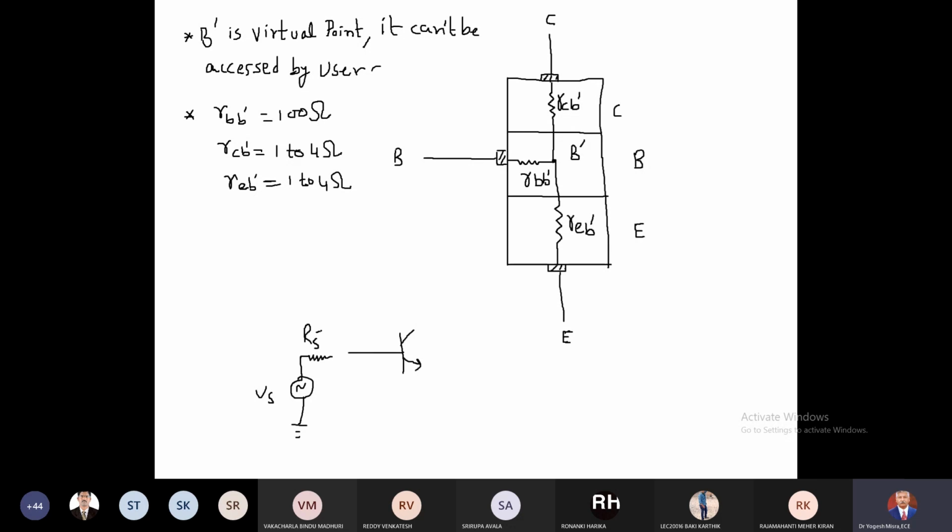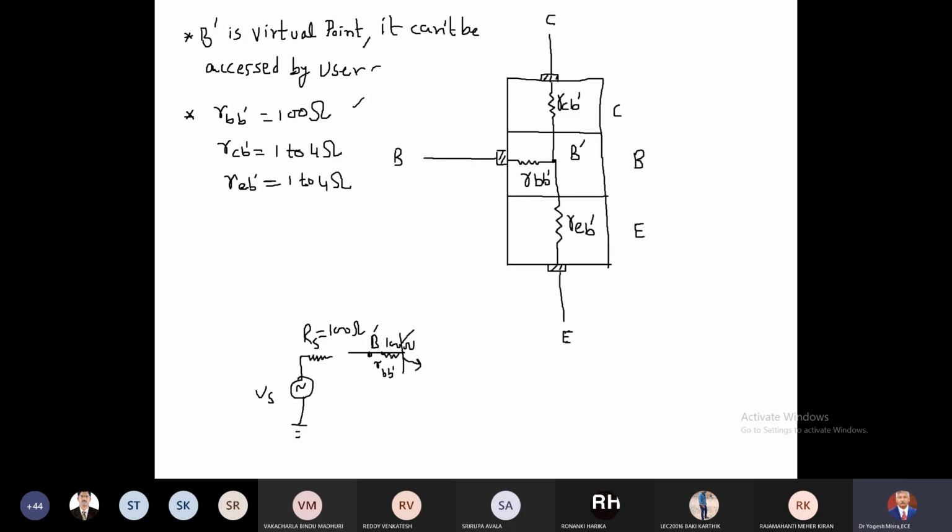Generally, the value of this source resistance is less. It may be around 100 ohm, right? So now you see this R_BB'. Suppose this point is B'. If we call it B', there is some resistance R_BB'. Its value is also 100 ohm. Already I have written here its value is 100 ohm.